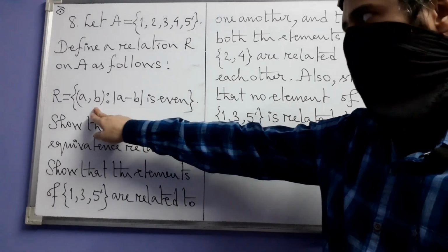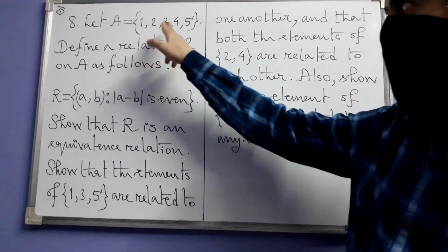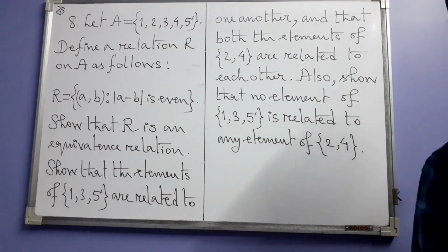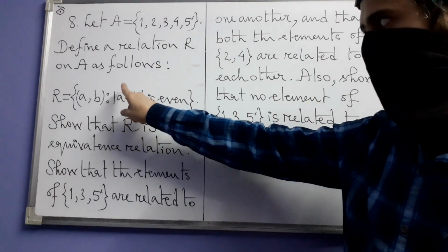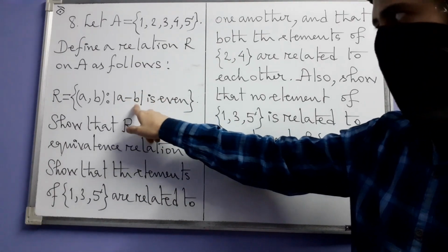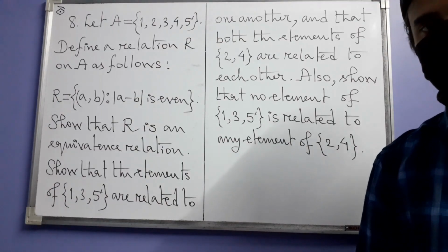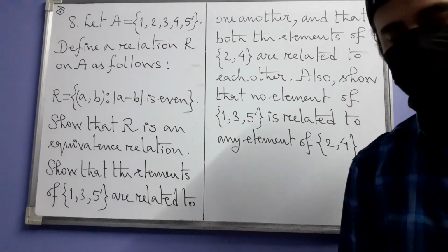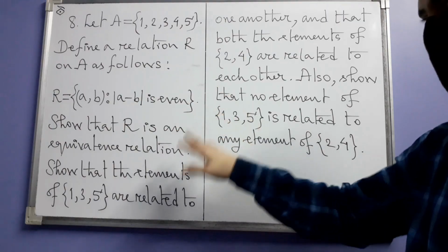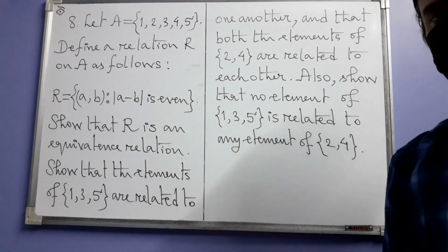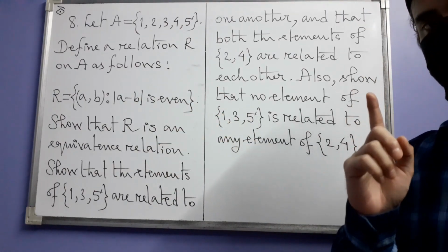And this is the relation R. It relates two elements A and B of this set if the absolute value of the difference between A and B is an even integer. And we have to prove first that this is an equivalence relation. That is the first task.